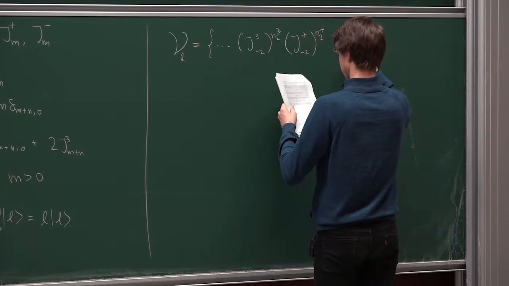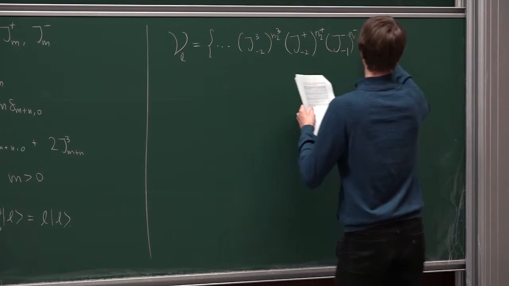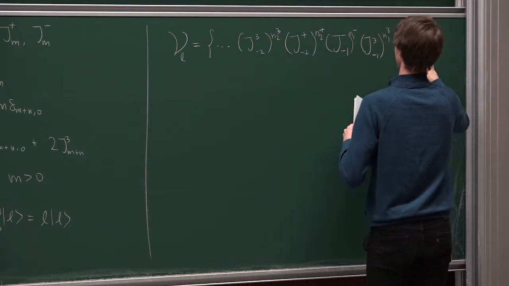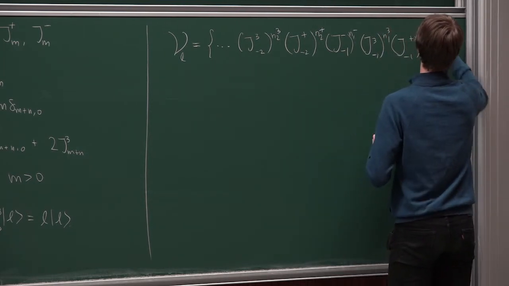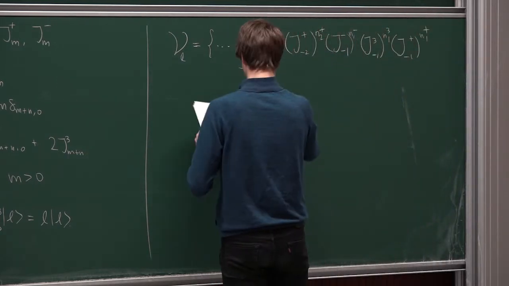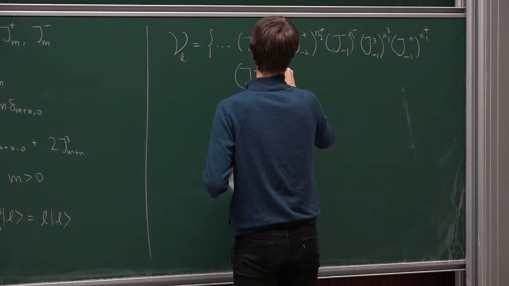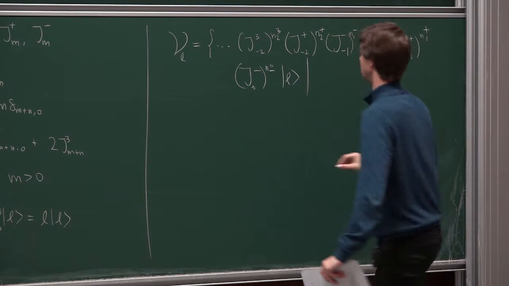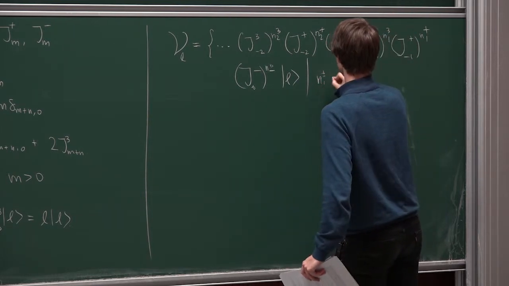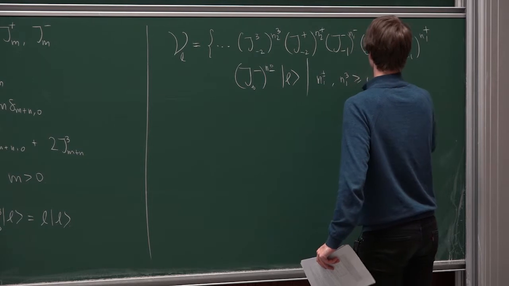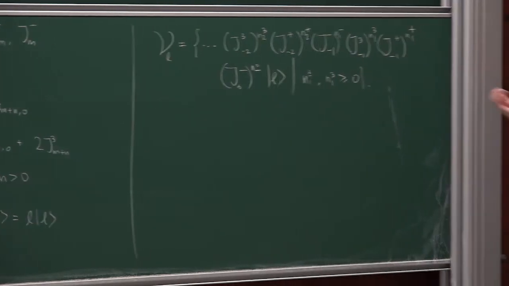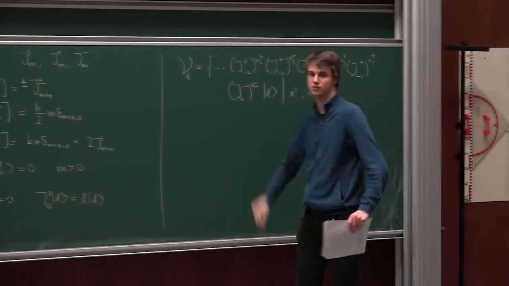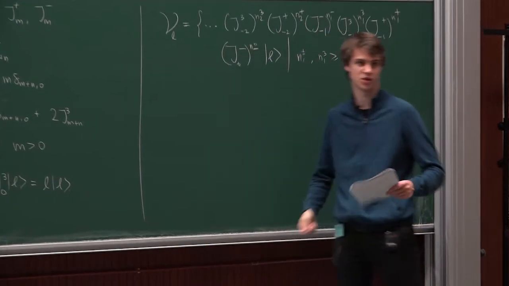I can act with the -1 modes as many times as I want, with this mode as many times as I want, with this mode as many times as I want, and with the 0 minus mode as many times as I want. I put the 0 somewhere, and I act on L. And all these integers, n_i plus minus and n_i 3, are all bigger or equal than 0. So I just generate all possible descendants. That's what we did for the Virasoro algebra. We took the highest weight state, we acted with all L_{-1}s as often as we wanted, L_{-2}s, and so on.